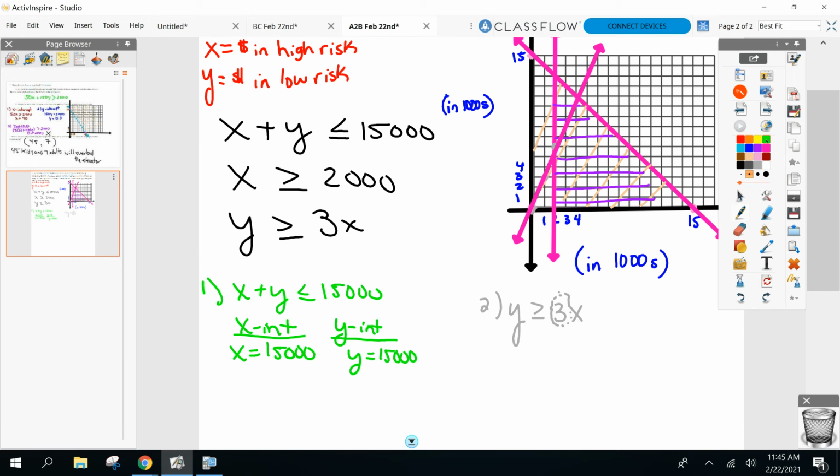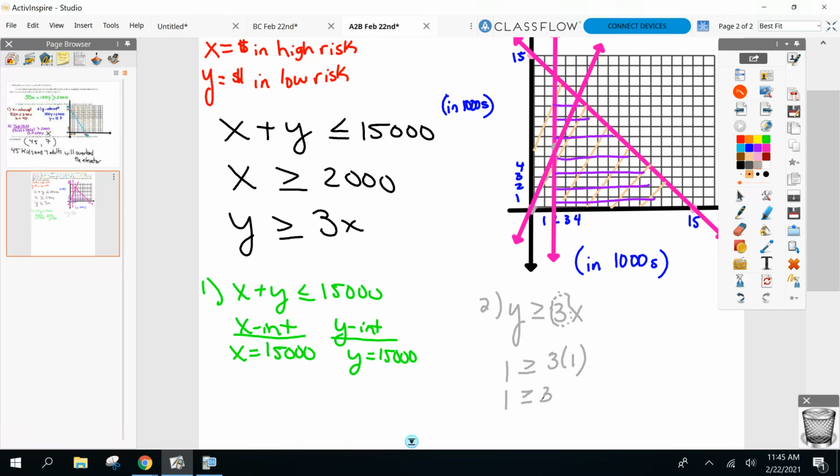All right, pick another easy point for me then. 0, 0 is not in use here, but what could be in use that's also pretty darn easy? 1, 1. There it is. Plug in 1, 1. Ready? Is 1 greater than or equal to 3 times 1? Is 1 greater than or equal to 3?